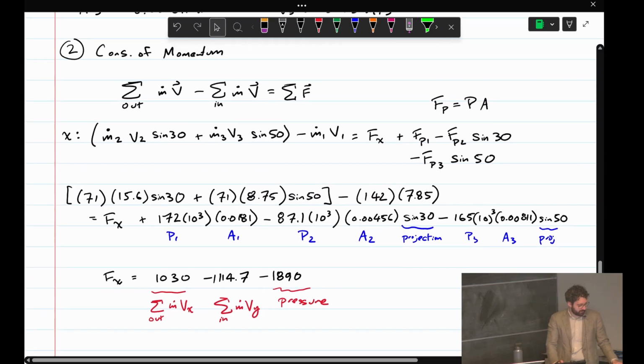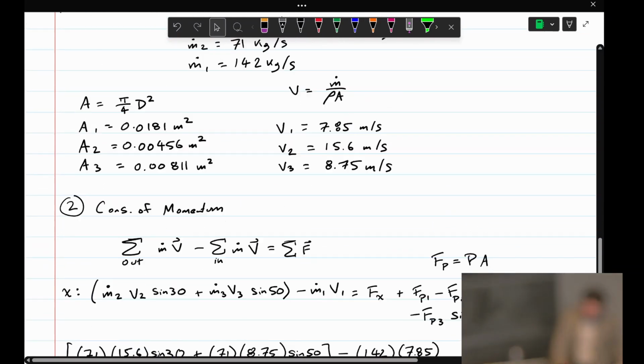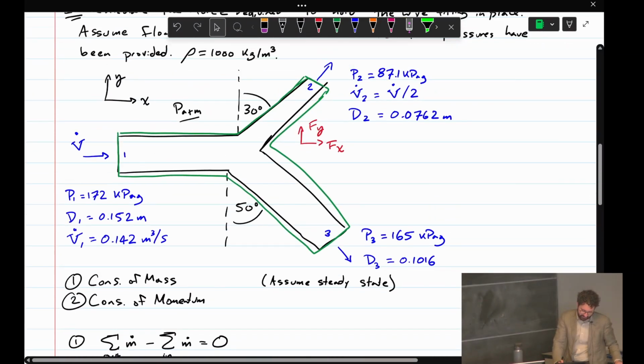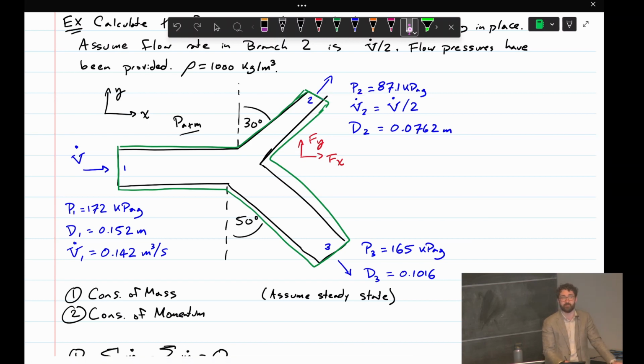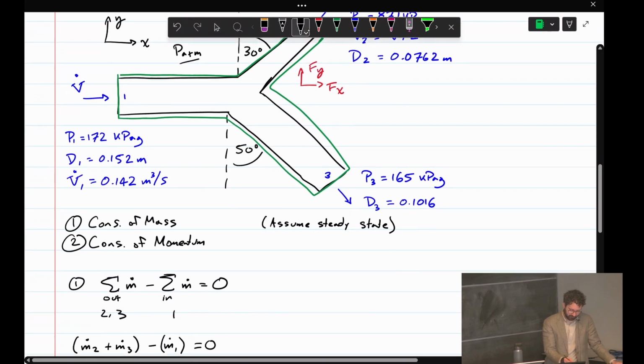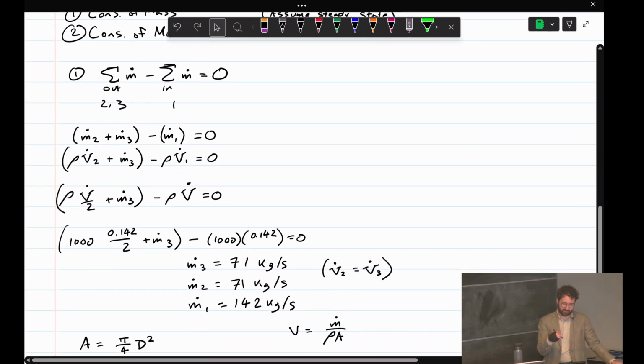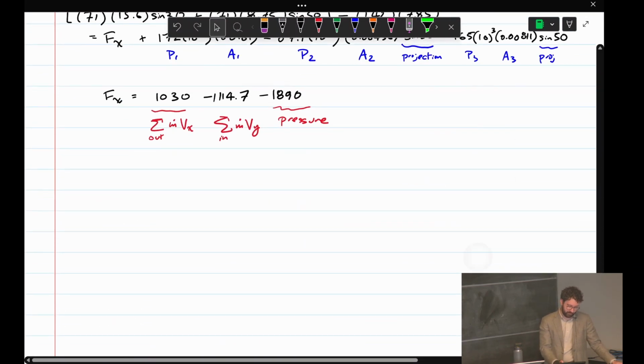Oh, the area projection. So we're not really projecting the area. We're projecting the pressure component. So this is a circle kind of like this. The pressure would create a force like that. We're just taking that and getting basically the x component of it. We don't need to project the area. You just calculate the force due to pressure in that direction and then project that down. Any other questions?